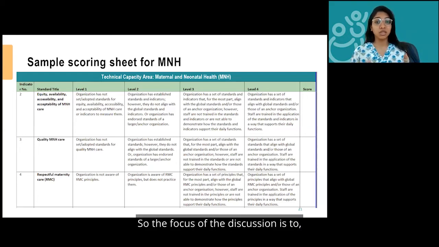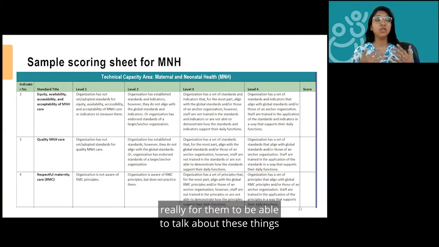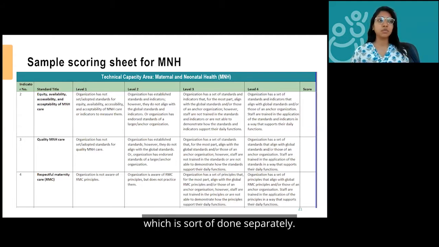So the purpose of the discussion is for them to be able to talk about these things as a group, and then they do this individual scoring, which is done separately.